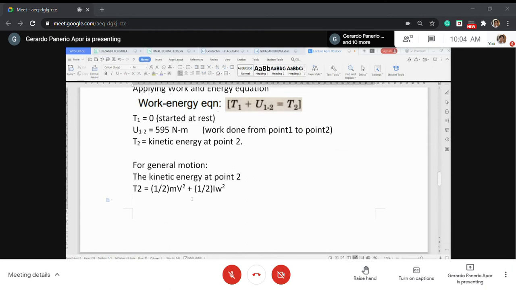Unsa man ang I? That is the rotational, ano tawag niya? Moment of inertia, no? Rotational inertia.